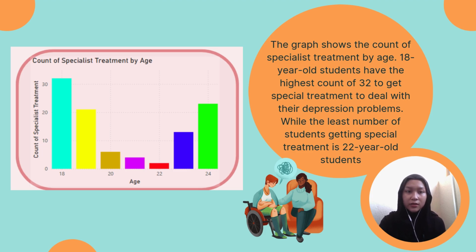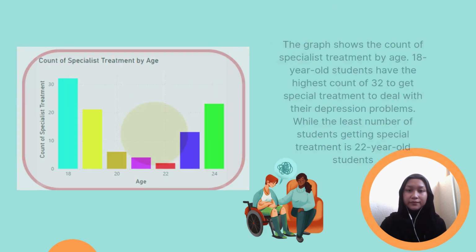This is because the number of students experiencing depression is decreasing, so the number of students getting special treatment is also decreasing. In conclusion, all university students are exposed to the correct way to manage depression, making most students seek special treatment to deal with their depression.